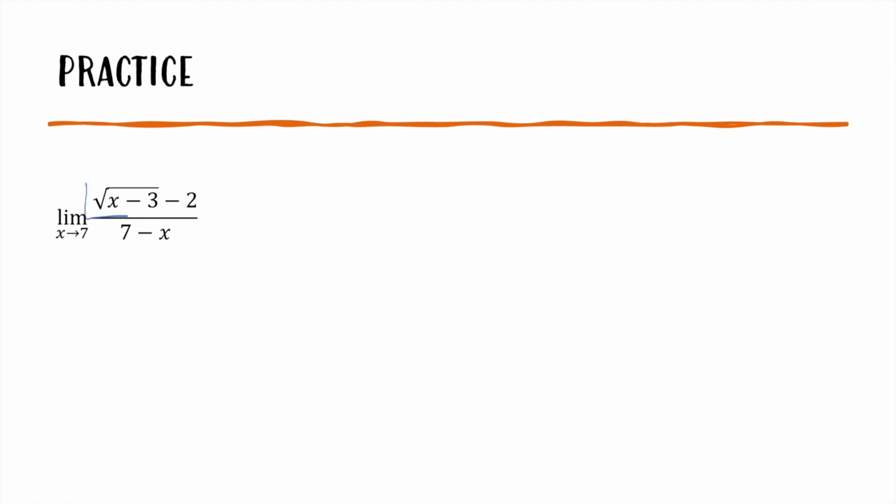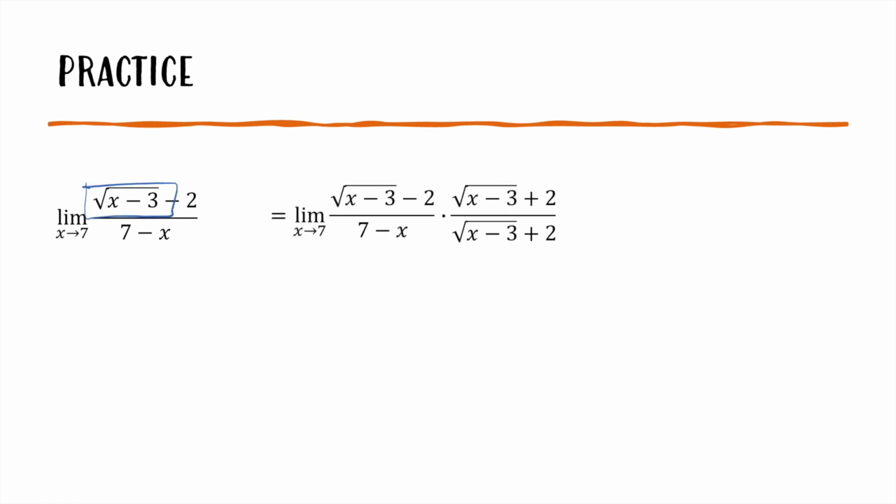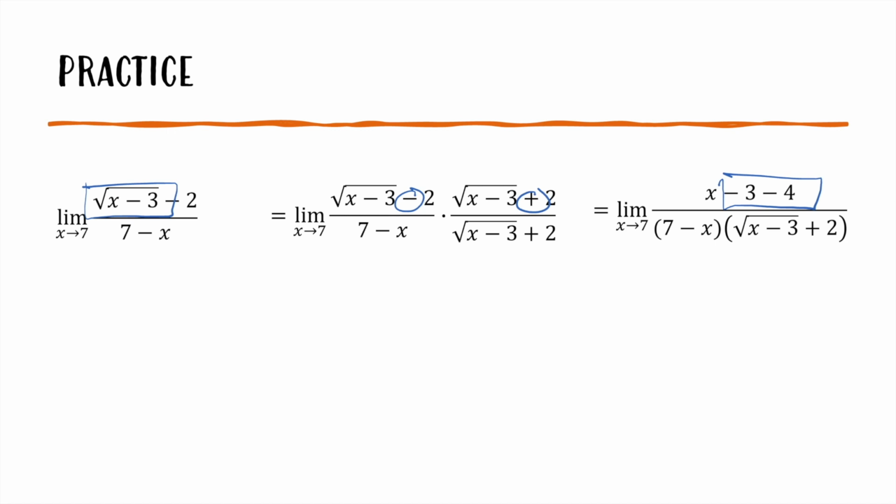If you see a radical, you might want to consider rationalizing the numerator. So you multiply the top and the bottom by the conjugate. So instead of a negative 2, we're multiplying the top and the bottom by that plus 2. Then use your amazing algebra skills to simplify this. You can combine some like terms, negative 3 minus 4.